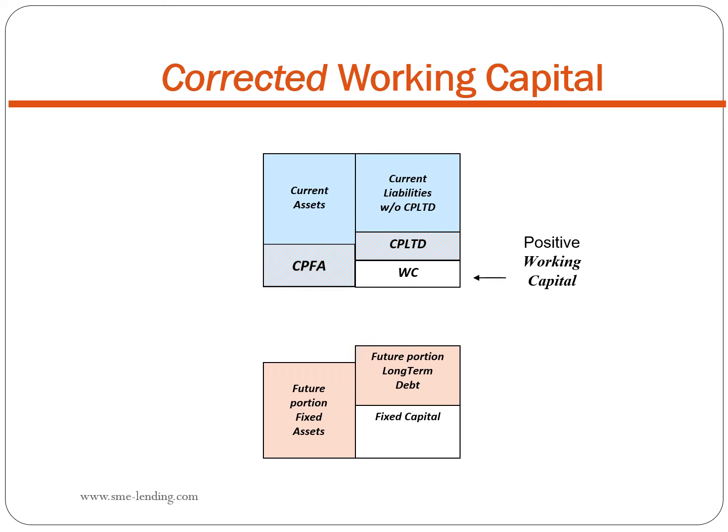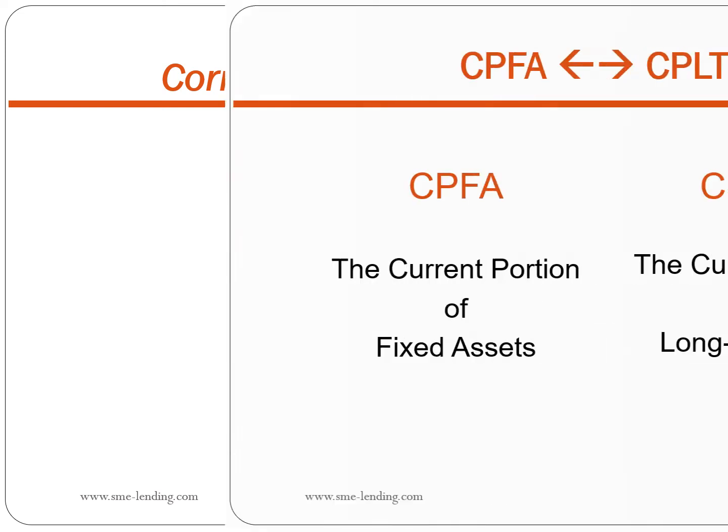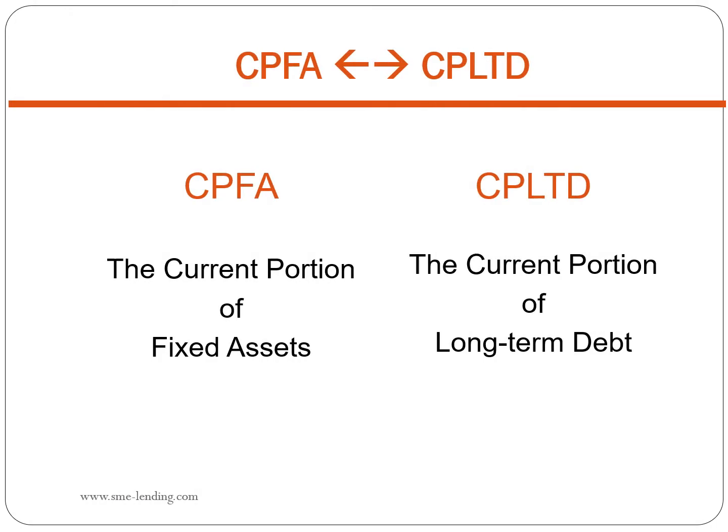That was the surprising conclusion in the first video. Negative working capital is not negative. CPFA and CPLTD are sister accounts. These two accounts, and only these two accounts, are current accounts that are derived from long-term accounts.